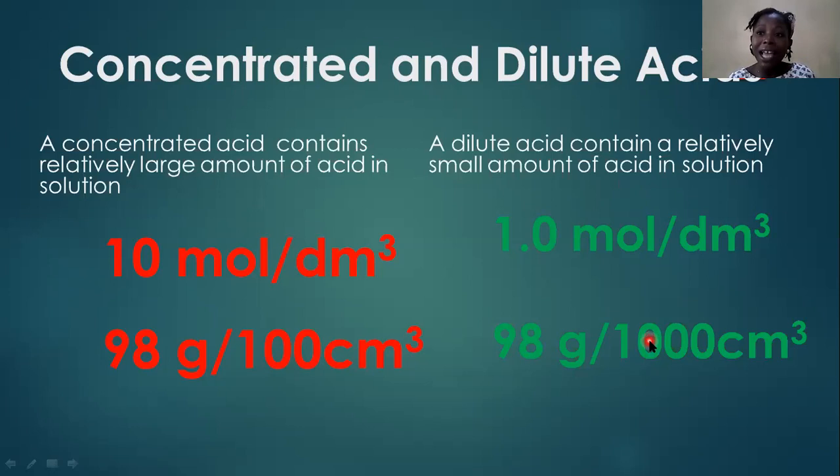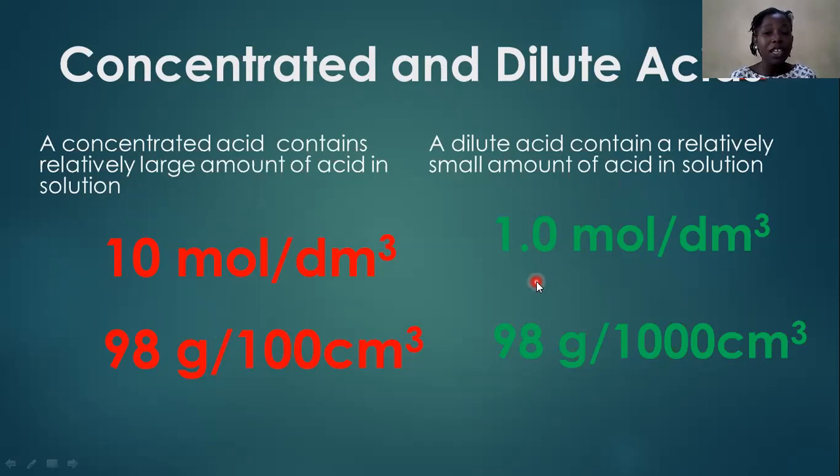So this becomes dilute, while this is concentrated. I hope you understand. So concentrated means a large amount of acid in a small amount of solution. Let's use layman's language: relatively large amount of the acid in a small amount of solution, while dilute means relatively low amount of the acid in a large amount of solution. So that's what we mean by concentrated and dilute acid.